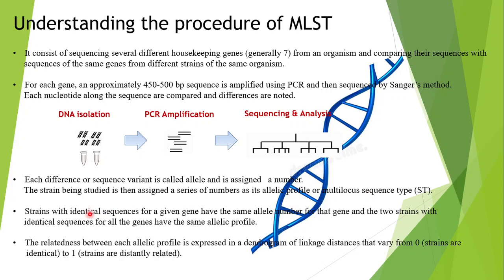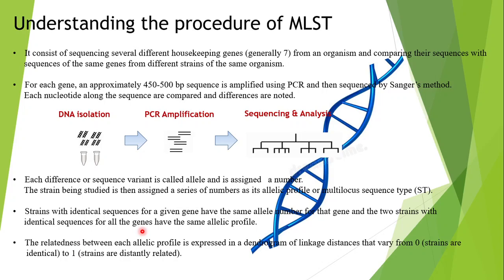Now, if two strains have identical sequences for a particular gene, then they'll have the same allelic number for that gene. However, if the two strains have identical sequences for all the genes, they'll have the same allelic profile or sequence type.